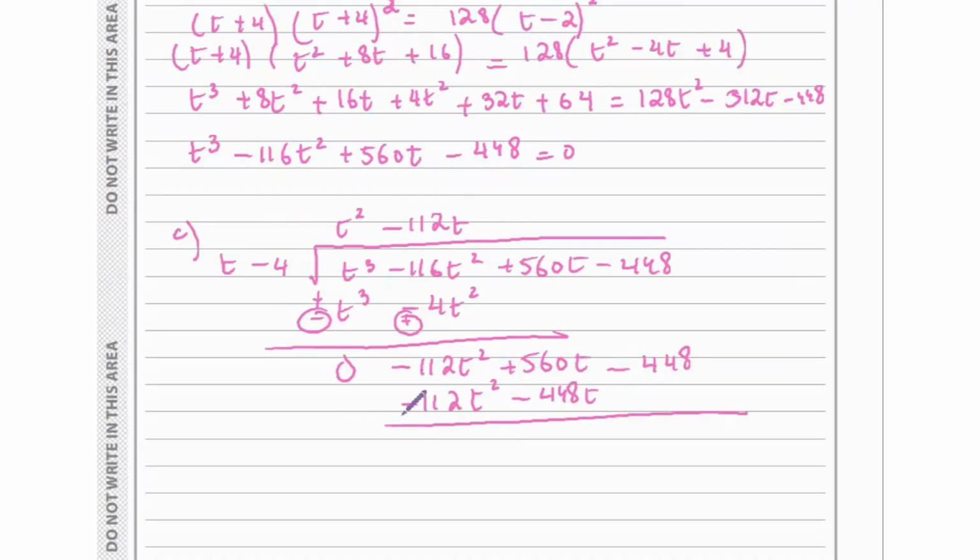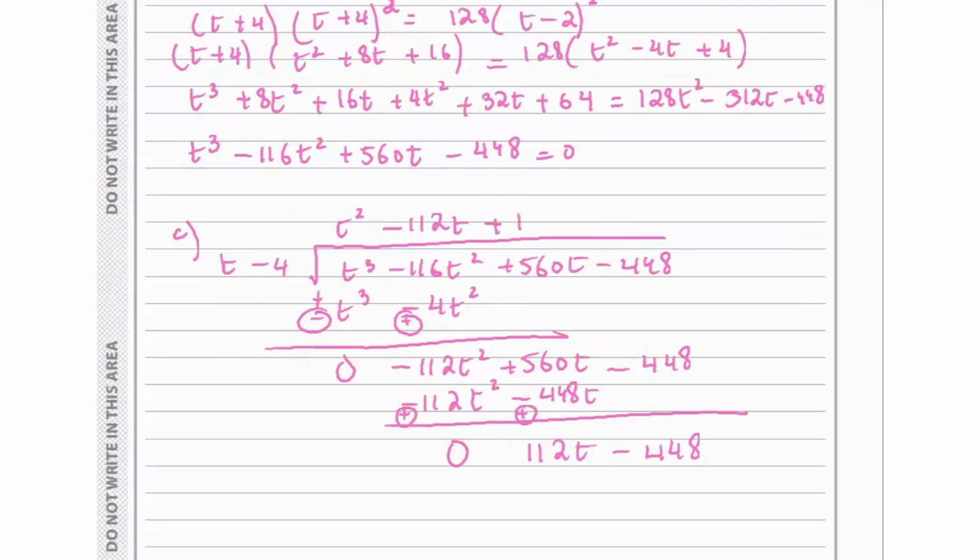Subtract them. Change the signs. Positive, positive. So this becomes 0. 560 minus 448 is going to give us 112, so 112t minus 448. Then again we times it by 112.